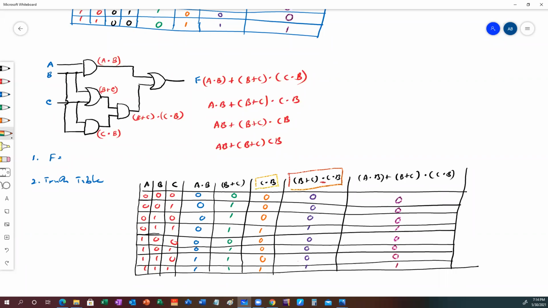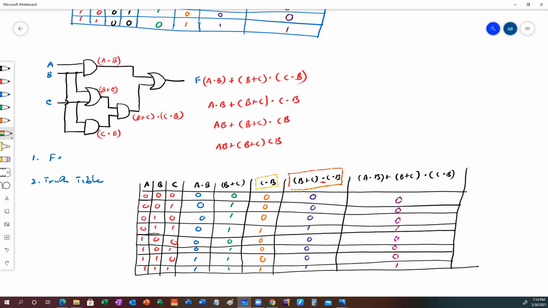Let me see where I made the mistake, whether the beginning is wrong. 0 0 0 0 0 1 0 1 0 0 1 1 1 0 0 1 0 1 1 1 0 1 1 1. That's correct. A and B: 0 0 0 0 0 0 1 1. Okay, that's correct. B O C, this O-ring: 0 1 1 1 0 1 1 1.